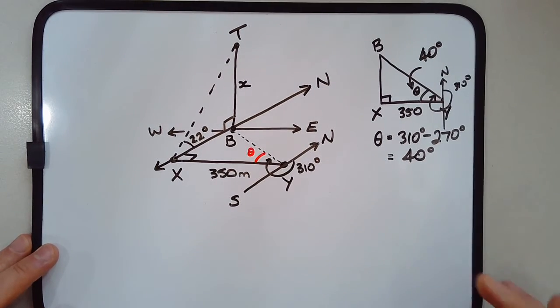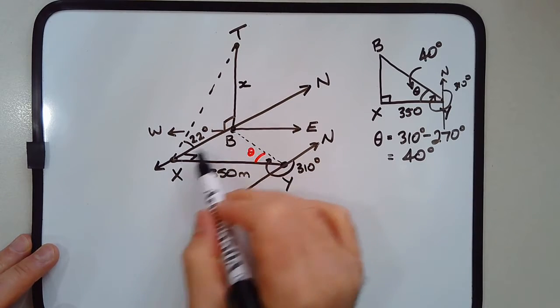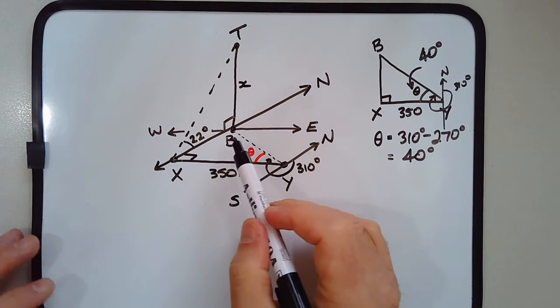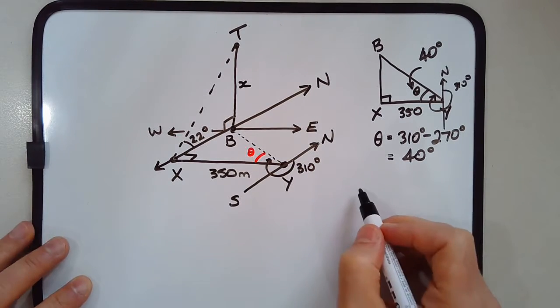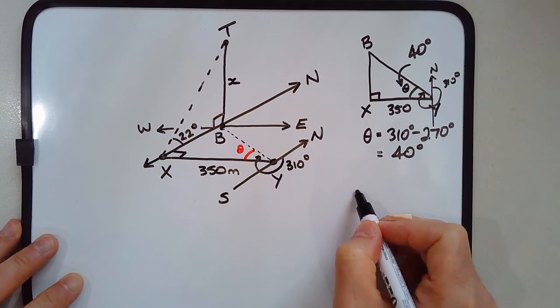That we can now use to find BX, which is a common side with triangle XBT. So I might draw triangle XBT now.